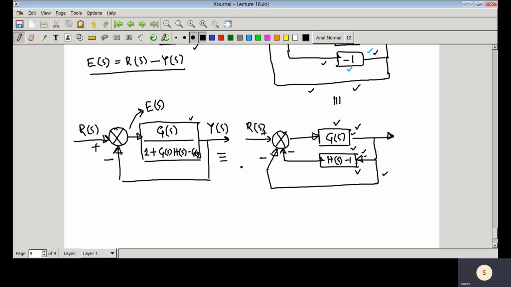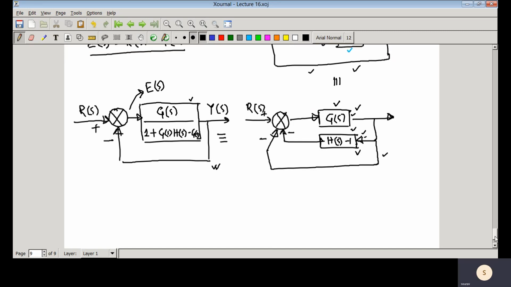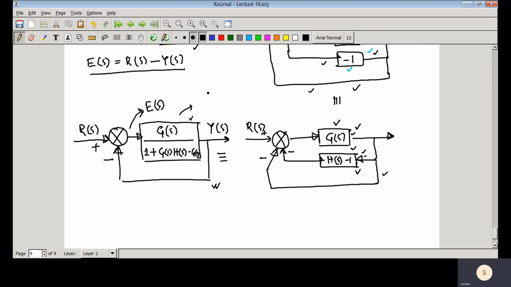This particular transformed loop, closed loop, is with unity feedback, and then we can apply the steady state error formula that we have done. So if we say that this is that P(s), so now we can see that P(s) equals G(s) divided by 1 plus G(s)H(s) minus G(s).